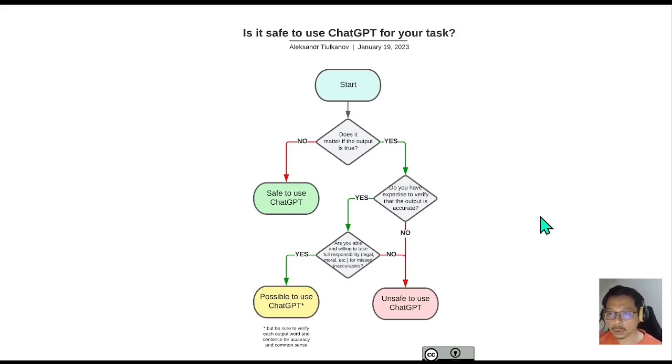You are the one who authored the paper, you are the one who published the paper, so you are responsible for whatever ChatGPT generated when you use it directly in your work. So make sure of these two things: you are able to verify the output is correct, and also you will take full responsibility for whatever you publish using ChatGPT.